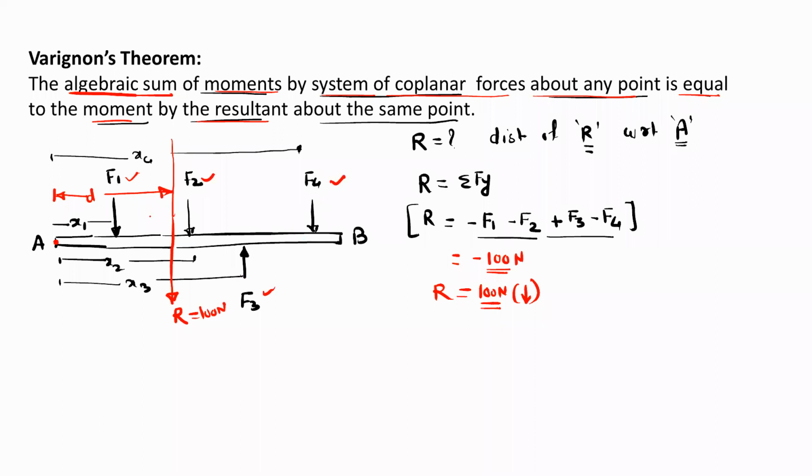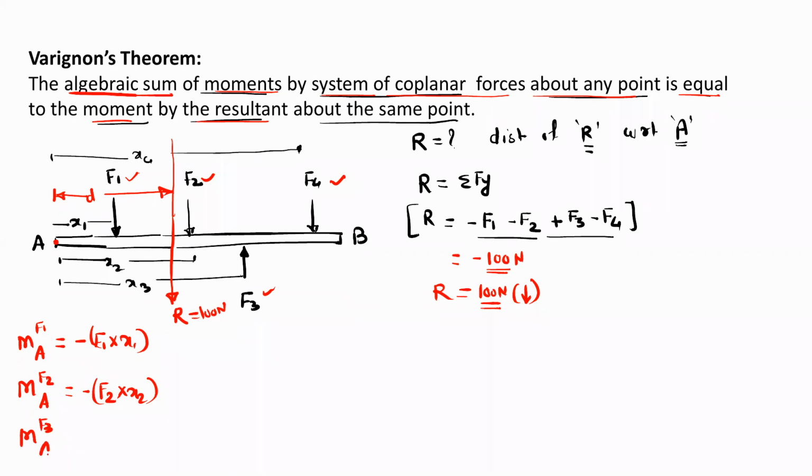Take the moment by each individual force. First is the moment by force F1 about the point A. This is equal to F1 into x1, that is the perpendicular distance. This moment's sense of rotation is clockwise about the point A, so it is minus. Second is the moment by force F2 about the point A, again F2 into x2. This is also clockwise, so it is negative.